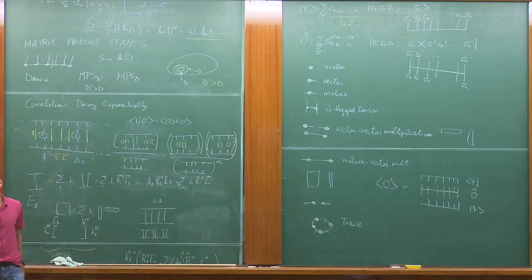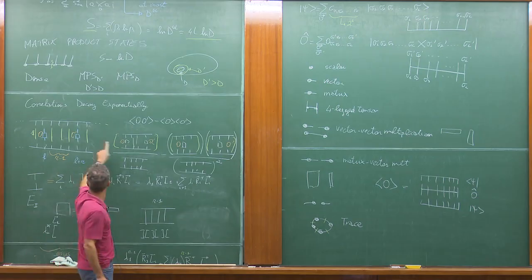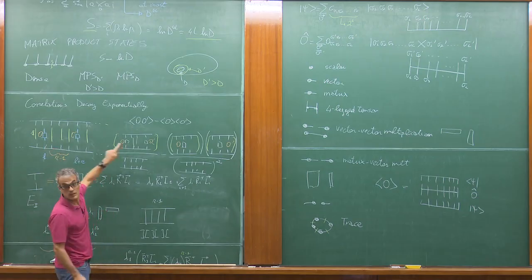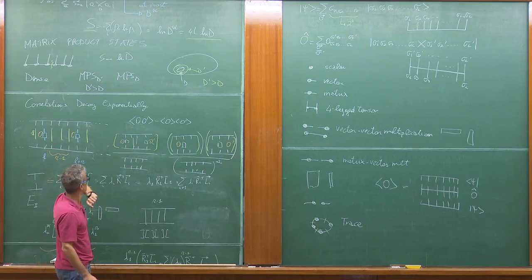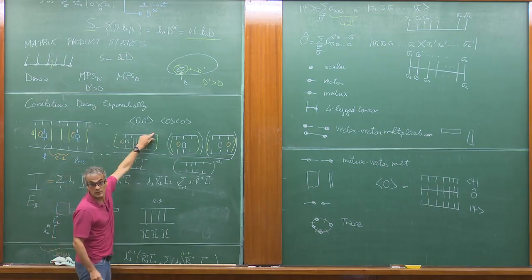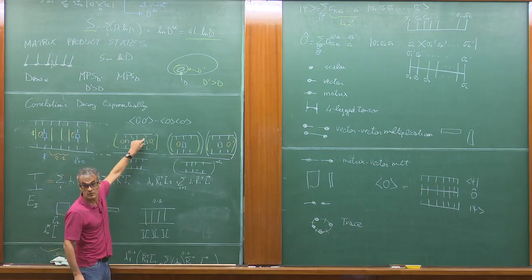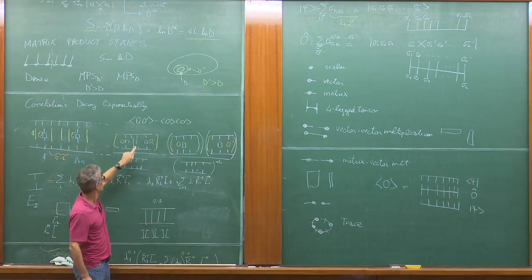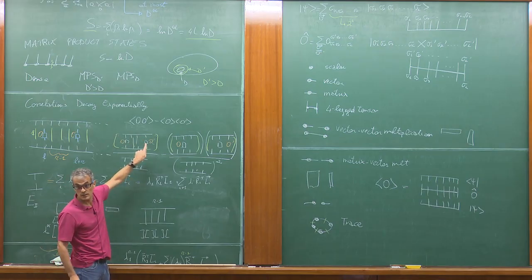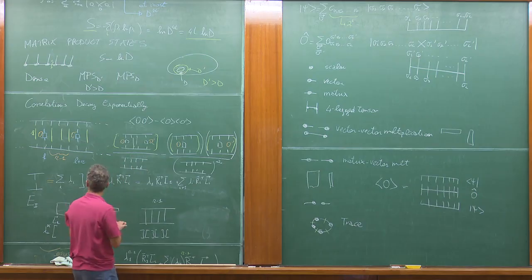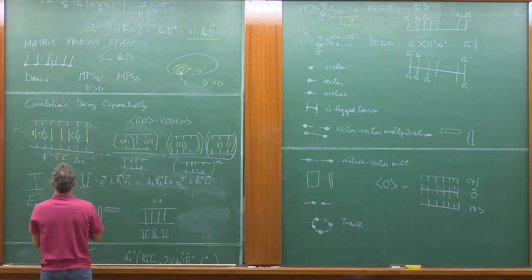Those square boxes? Square boxes here are the operators, this part here. So the state and the operator that I want to put in between the MPSs, and then a straight line means identity. Then you see you have a few different scenarios.